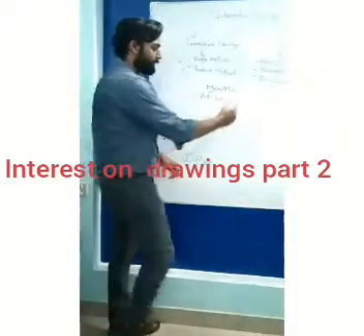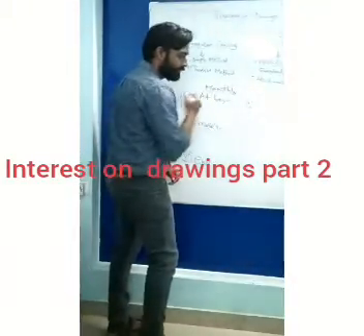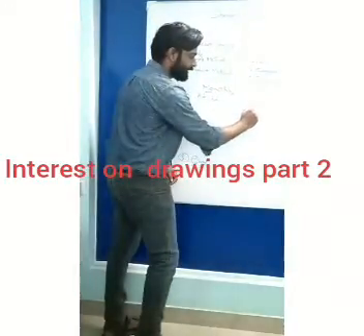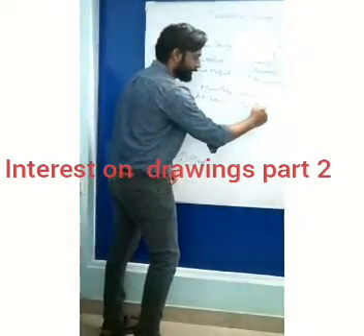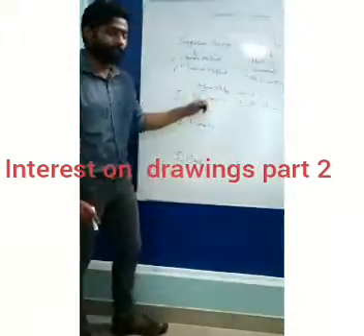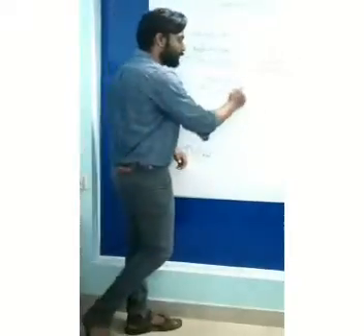That is, 1st April we are drawing 2000, then 1st May the same 2000, then 1st June similarly. For the whole year, at the beginning of every month, we are withdrawing the same amount.